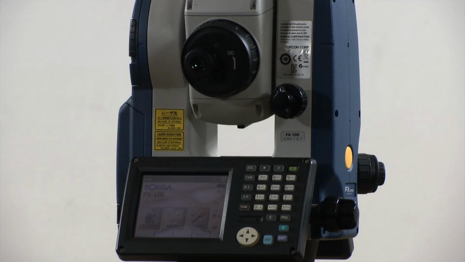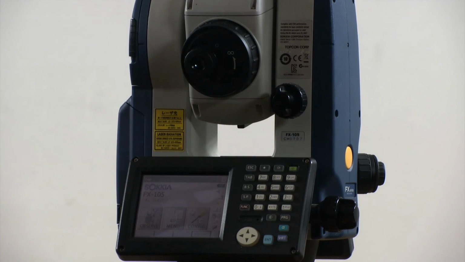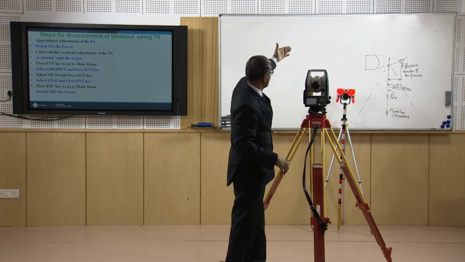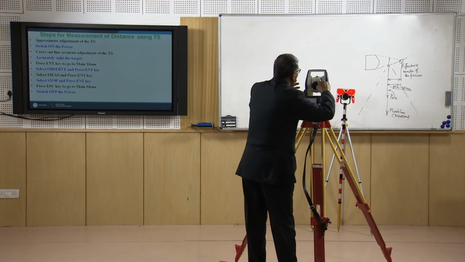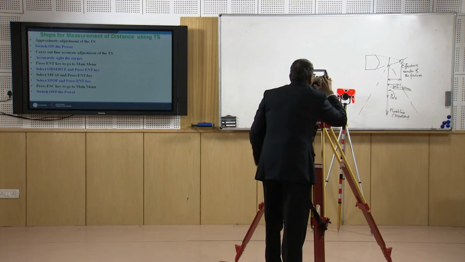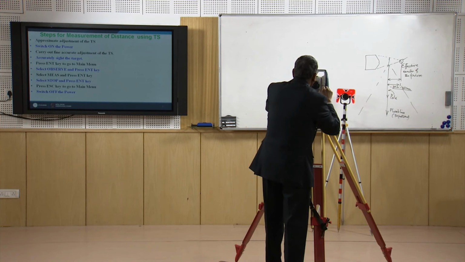Now I will demonstrate how to take measurement with reflectorless. So in order to do that, I would like to find out the distance from here to this whiteboard. So now first I have to bisect the whiteboard. So I will look through this.